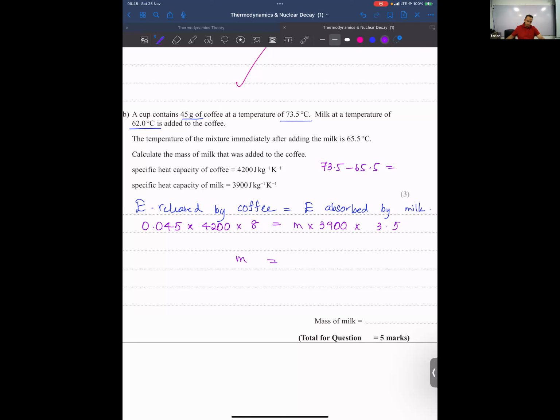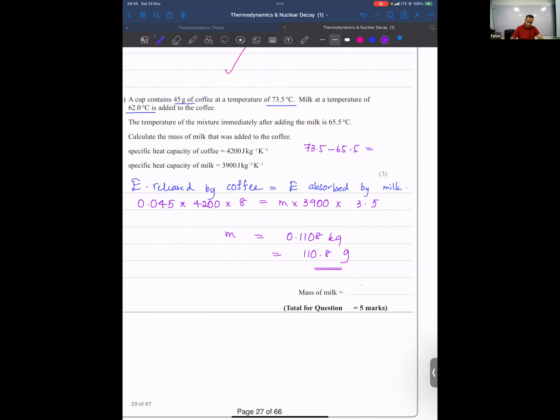So the m is going to be 0.1107, which is 0.1108 kilograms, 110.8 grams, or 111 grams.